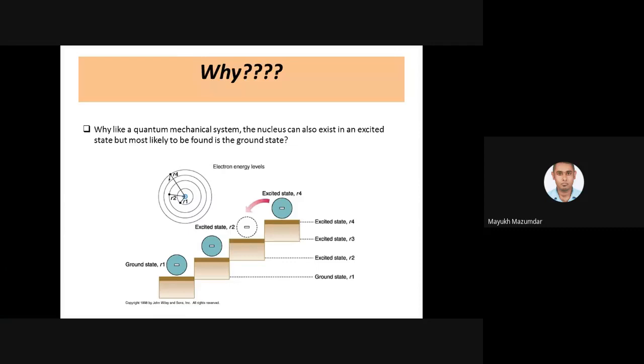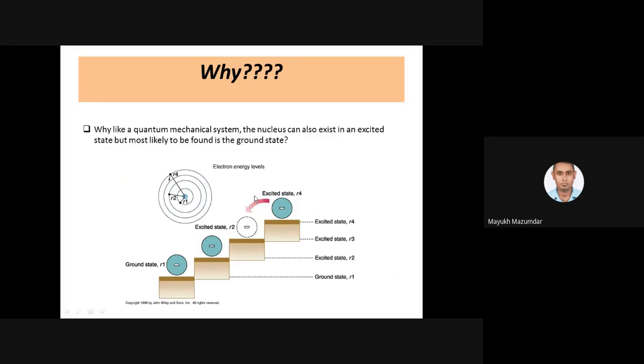The third question was that, like electrons in atoms, it is observed that the nucleus also can go to a higher energy level called the excited state. And it is always expected to be in the ground state, I mean, when everything is normal.